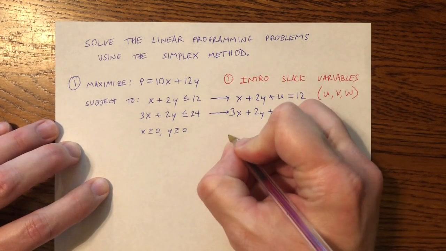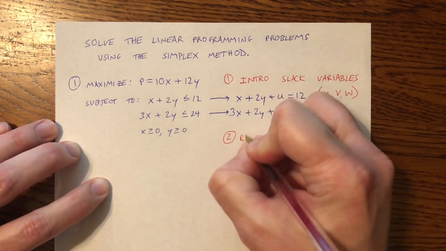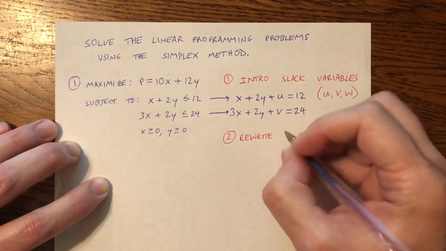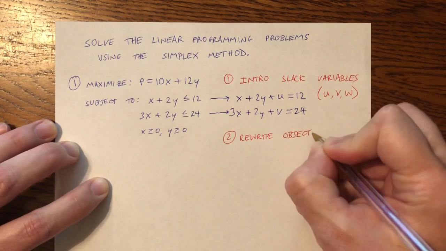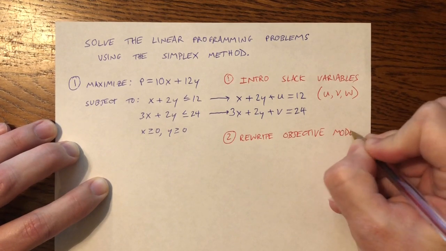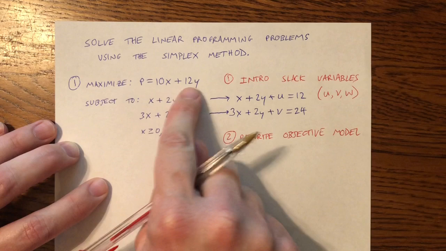The next step, step number 2. In step number 2, we are going to rewrite the objective function, the maximization function that we're looking at.